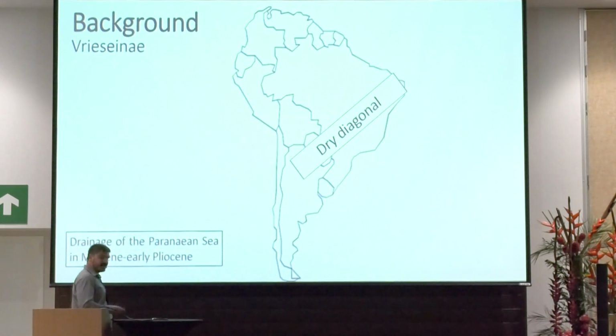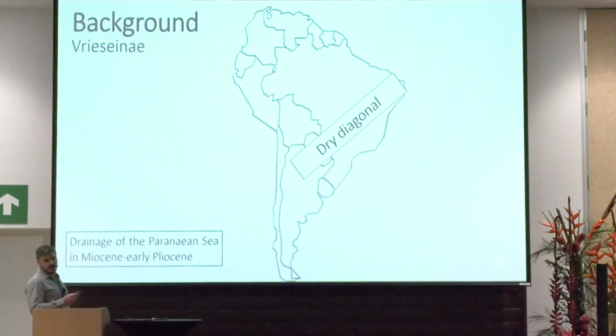And the final step of this splitting into lineages was the drainage of the Paranaense. I call it Paranaense, as it is called in the literature, because it was in this part of South America that we have a state in Brazil called Paraná. That's why it's called Paranaense.